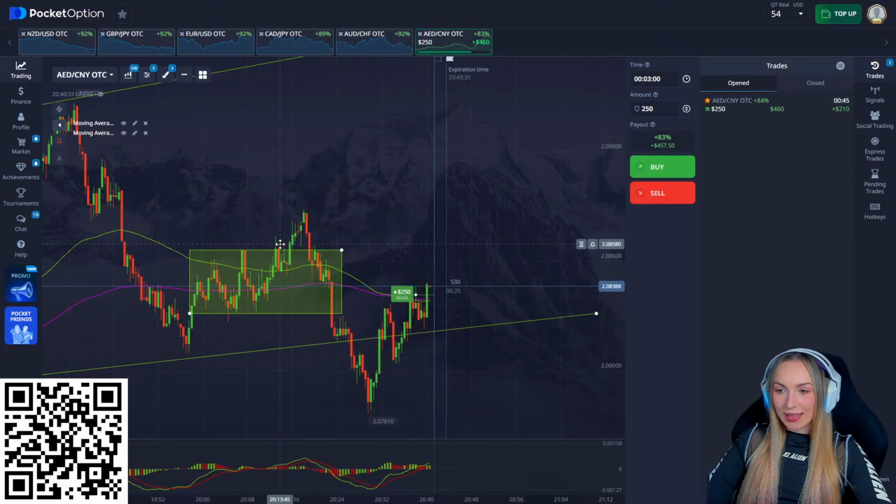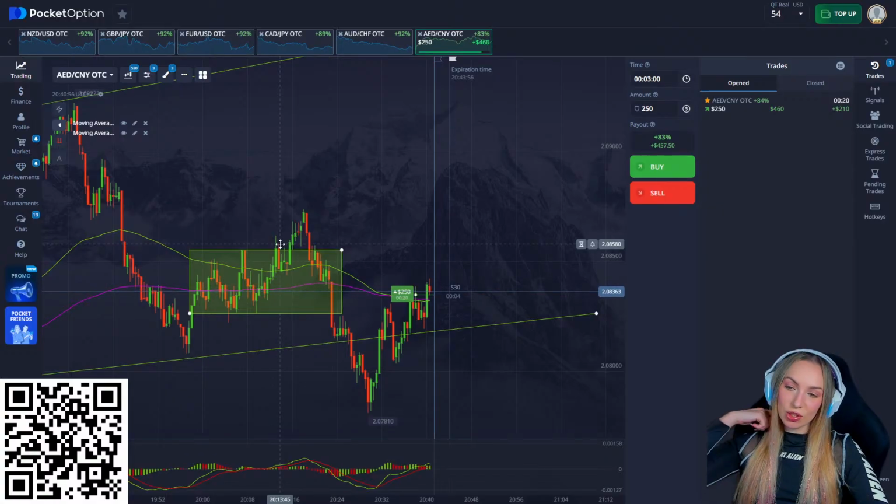That's crazy, guys. That's magic. I don't know. Will 3 minutes be just enough or not? Seems like yes. We are on the last candle, and of course I want it to be a bullish candle again.